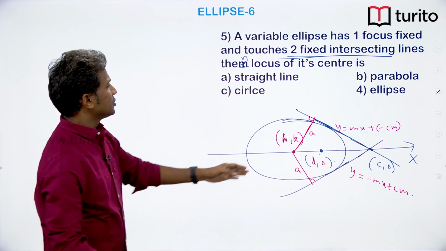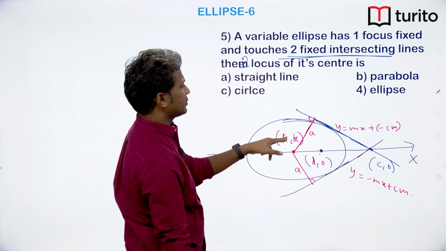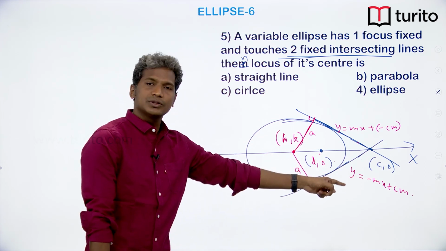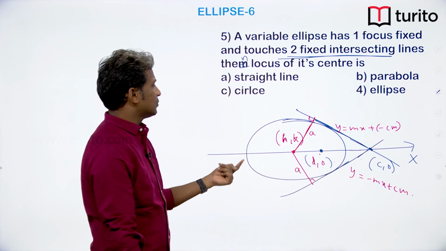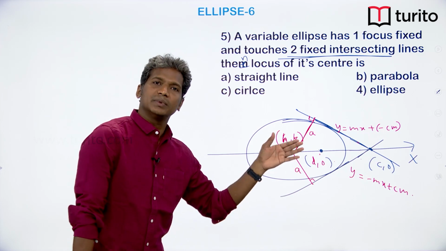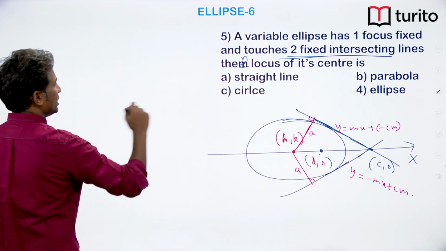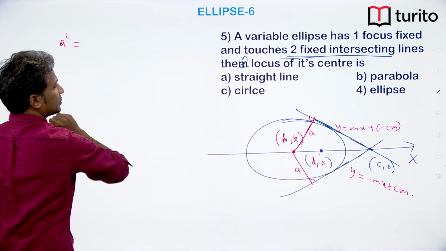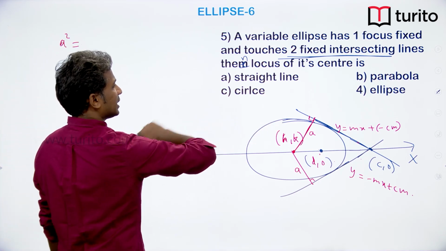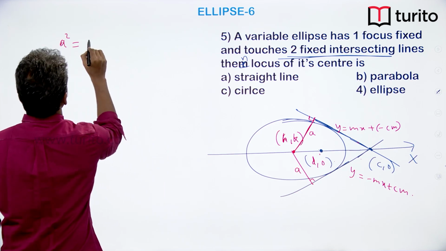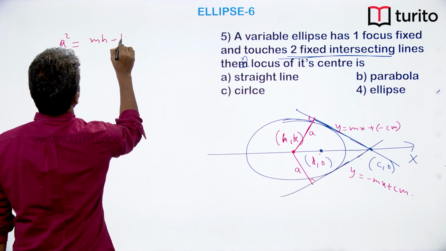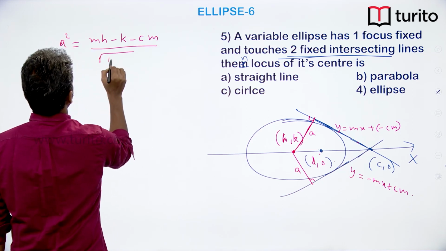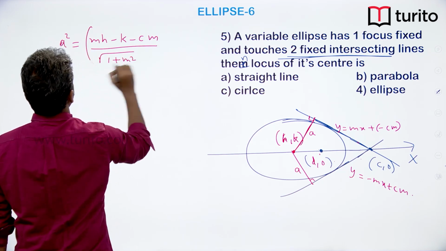The perpendicular distance of (h, k) from this must be a, and perpendicular distance from this also must be equal to a. Using that we will get some relation here. So a square must be equal to, if I put (h, k) here, (m h minus k minus c m) divided by root of 1 plus m square, whole square.